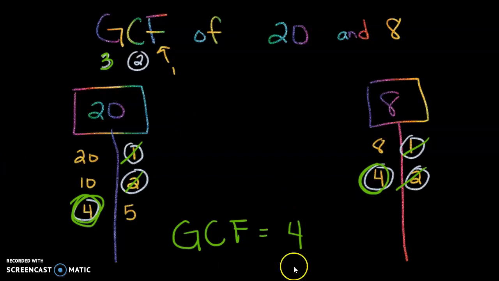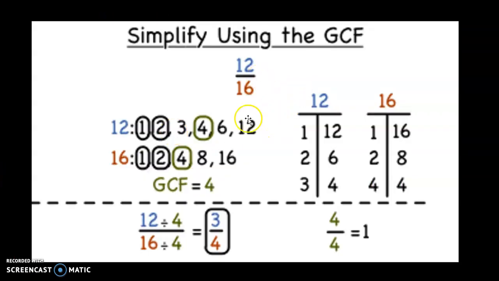So you're probably wondering why in the world we ever need to use GCF. And we're going to start by simplifying fractions. So in order to simplify fractions, we need to divide the top and bottom number by a number that they have in common, by factors.